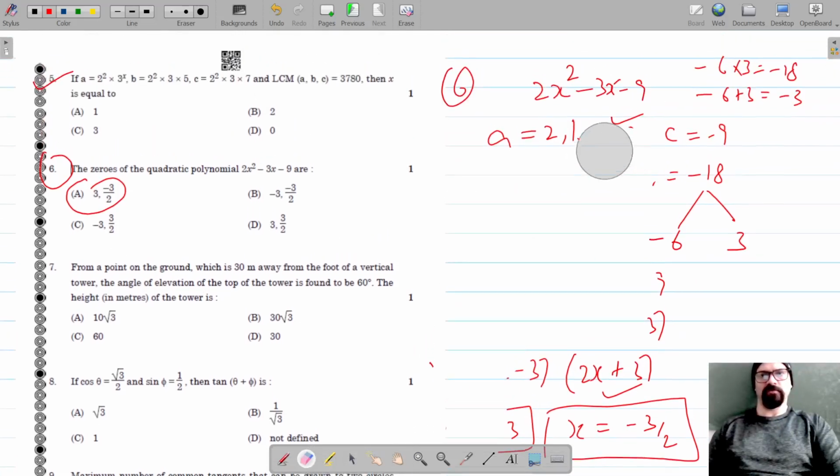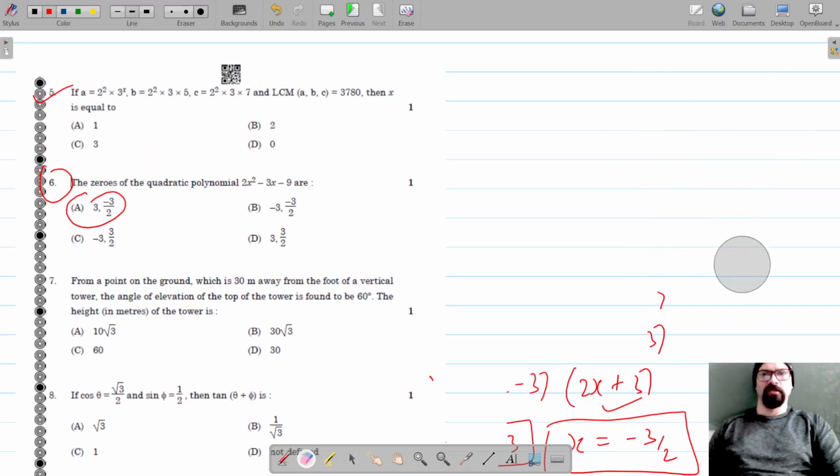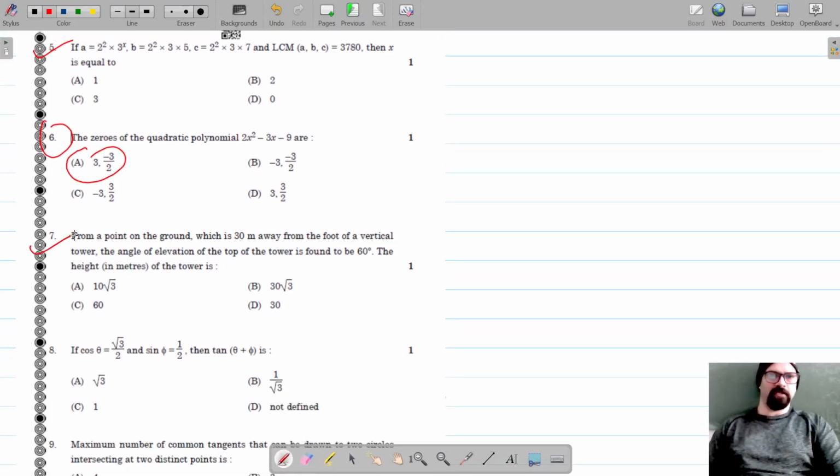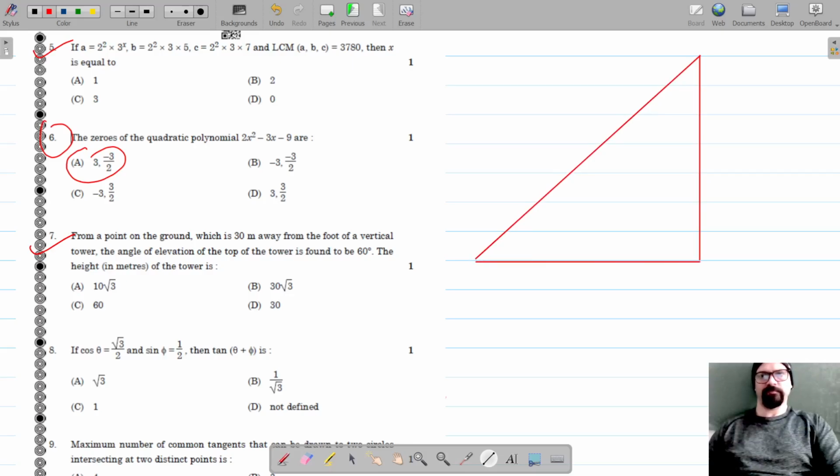Moving on to question number 7. It's given that from a point on the ground, which is 30 meter away from the foot of a vertical tower, the angle of elevation is 60 degree. So this is the vertical tower, and this point is 30 meter away from the foot of the tower.